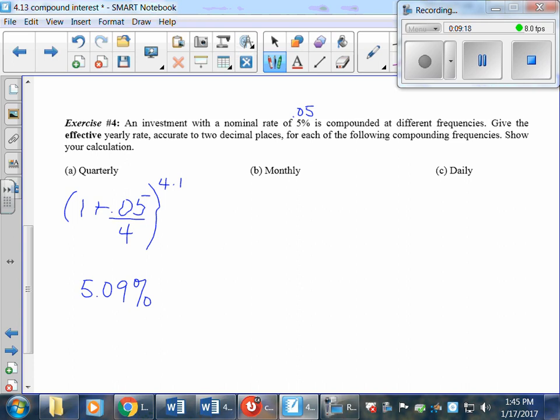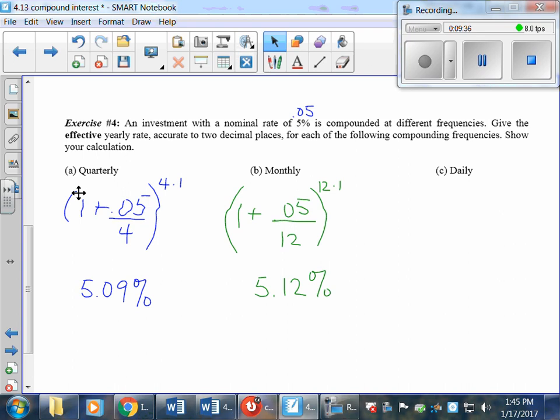Monthly would be 1 plus 0.05 divided by 12, the whole thing raised to the 12 times 1 for 1 year, which would be 5.12%.